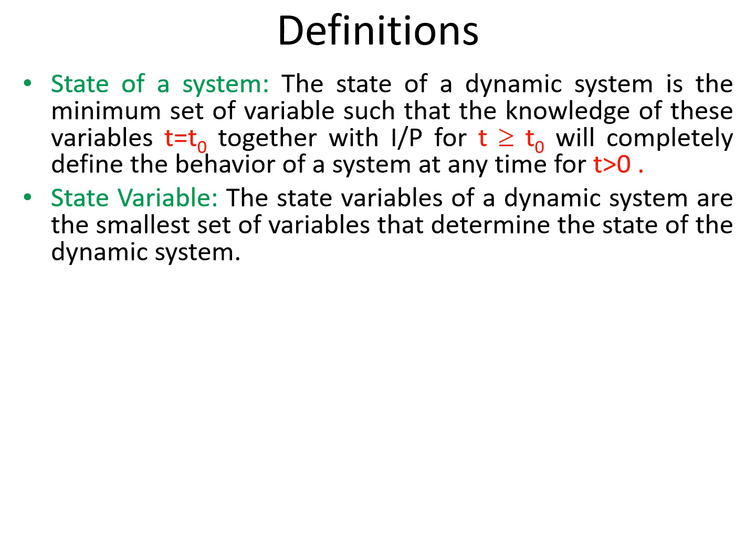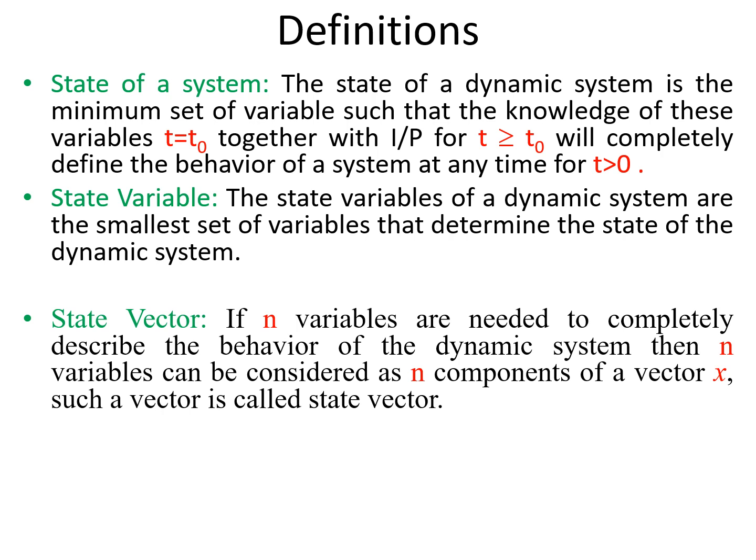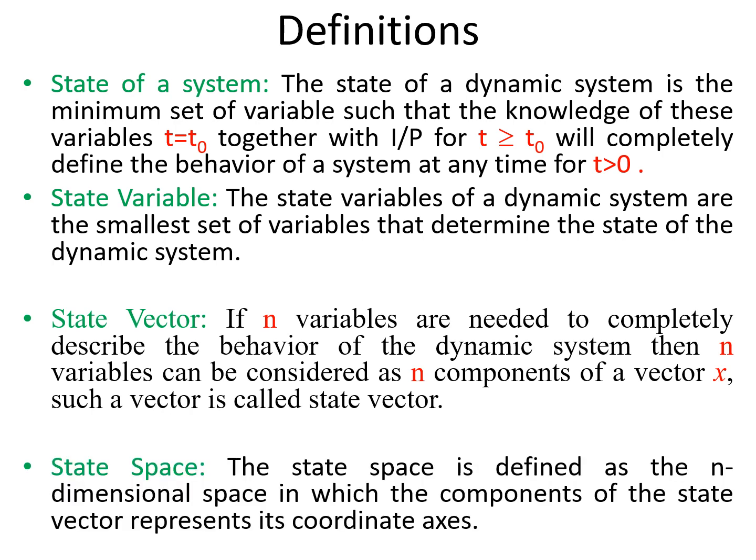Coming to state variables: the state variables of a dynamic system are the smallest set of variables that determine the state of that dynamic system. So the variables used to determine the state of a system are the state variables. For the state vector, if n variables are needed to completely describe the behavior of a dynamic system, then these n variables can be considered as components of a vector x, and such a vector is called the state vector.